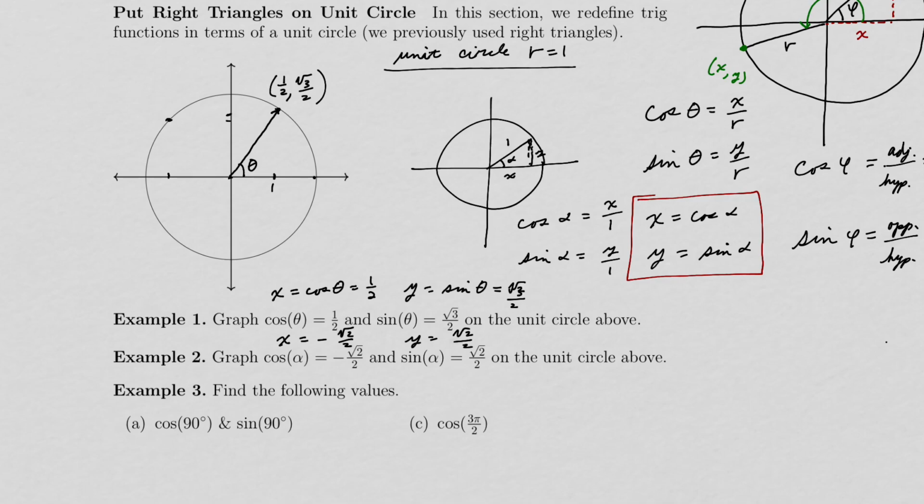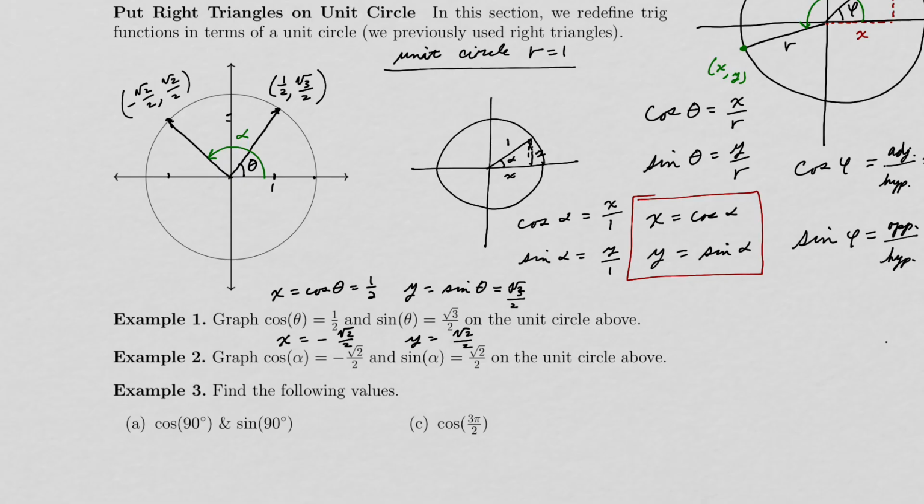So this would be the terminal side of that angle. The coordinates here would be negative radical 2 over 2, comma, radical 2 over 2. And then this angle, I'll do it in green, this is the alpha. Cosine of alpha equals the x value, and sine of alpha equals the y value.